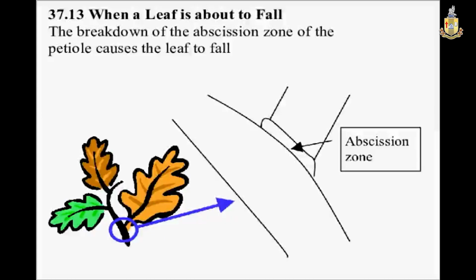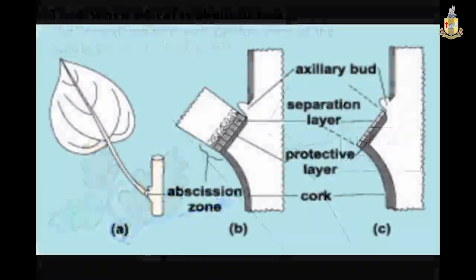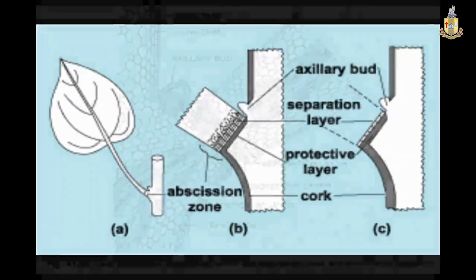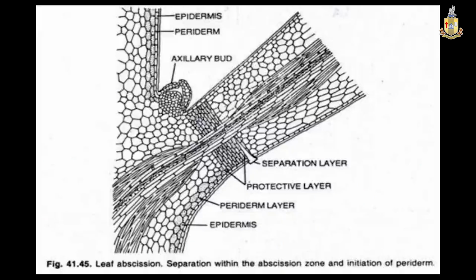The abscission zone is designated and prepositioned to facilitate shedding. In leaves, the abscission zone is formed at the base of simple leaves and compound leaves. In compound leaves, this zone may also be formed at the base of the petiole of the leaflet. In this slide, the abscission zone is very visible at the base of the leaf, that is, the petiole of the leaf.